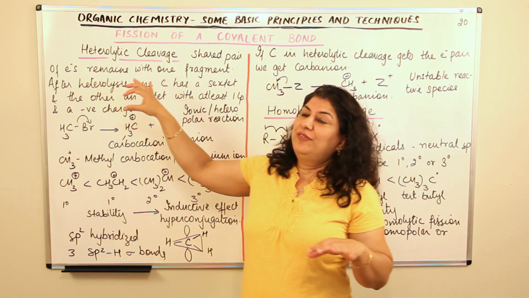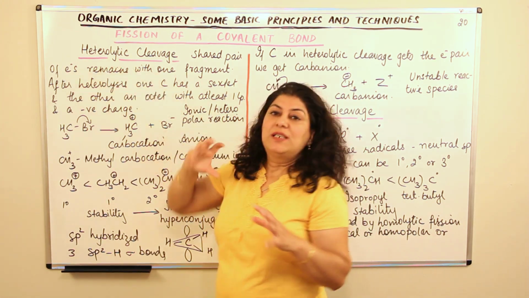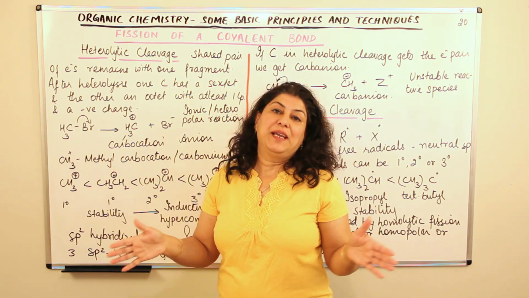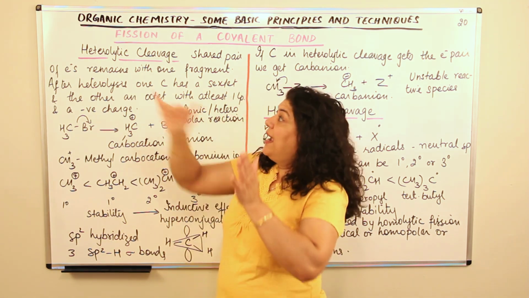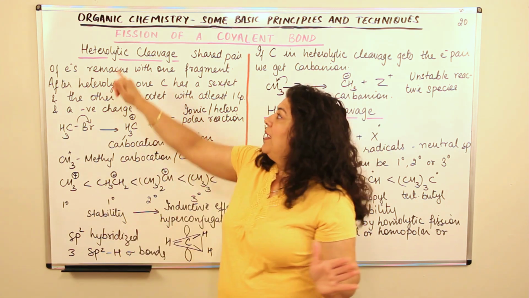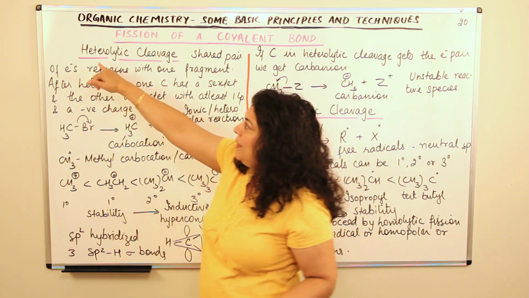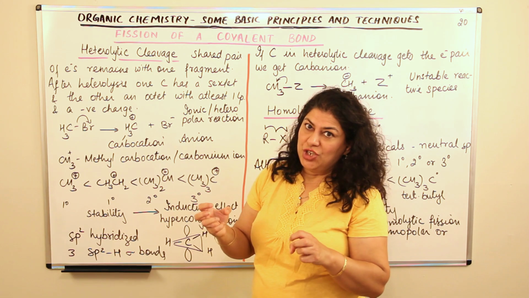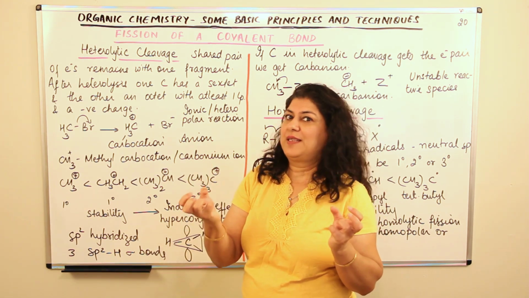When you are talking of it in terms of fission, heterolytic, what is lysis? You've studied electrolysis. Lysis means breaking down. Fission, lysis, they are all the same. So heterolytic cleavage. Cleavage is again breaking down. Hetero means different types, so a cleavage that leads to a difference in the particles that are formed.